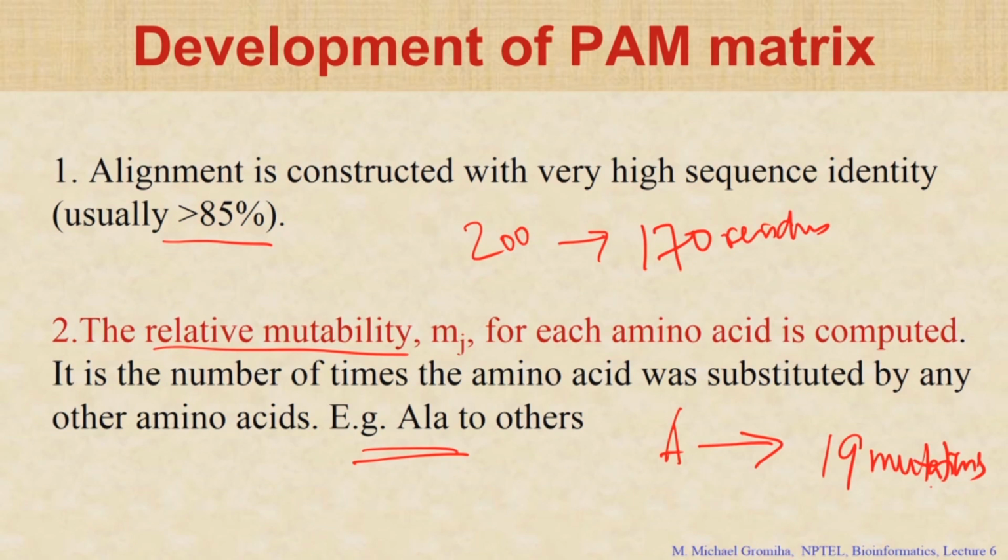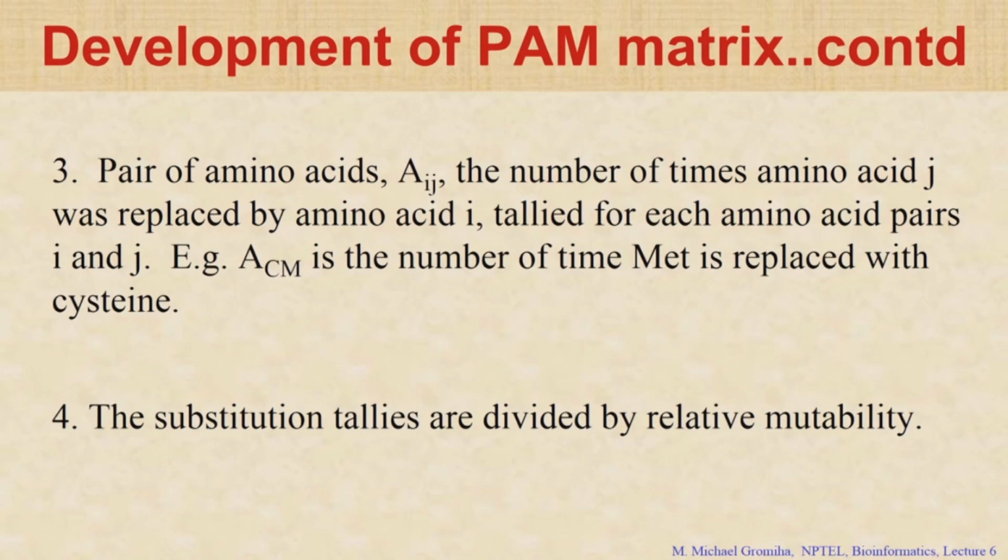Now the question is what is the possibility of mutating alanine to glycine or alanine to lysine, if you align the sequences. So, we take sequences with 95% sequence identity, check the sequences and see how far they are aligned. So, this is AIJ, for example, if there is ACM, what is the meaning of ACM? Cysteine is mutated to methionine.